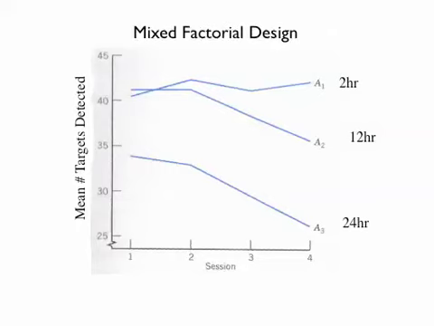Okay, that's the main effect of this between groups factor. What's happening on average as we move from the first session to the second session to the third session to the fourth session if we average across these 3 groups of the other factor? So what's the main effect of the repeated measures factor, the session? Well, the average of these 3 points is closer to the 2, so it's right around here.